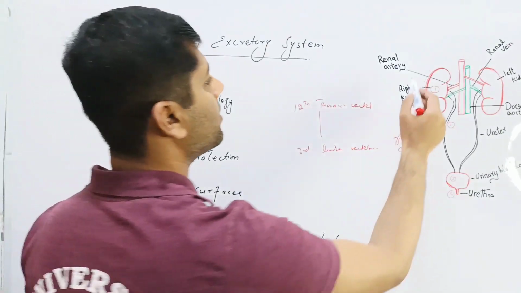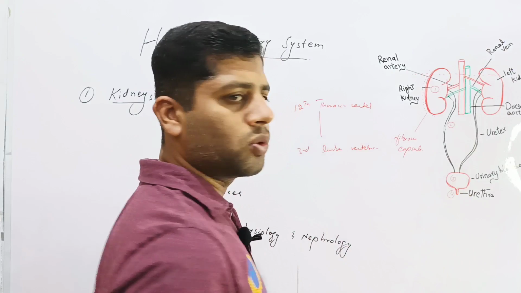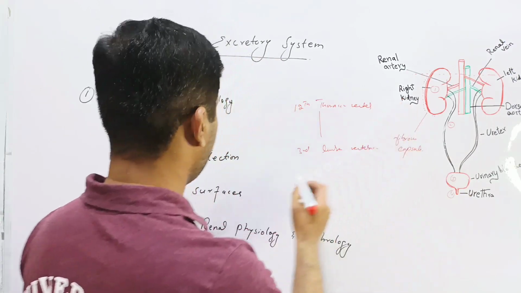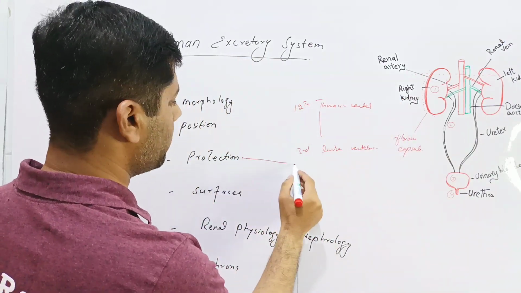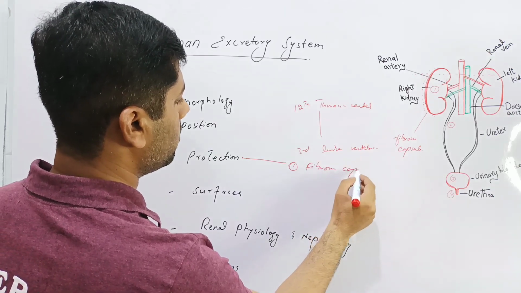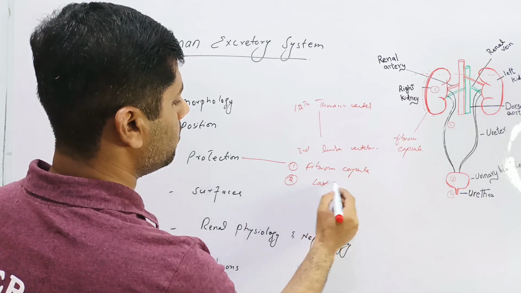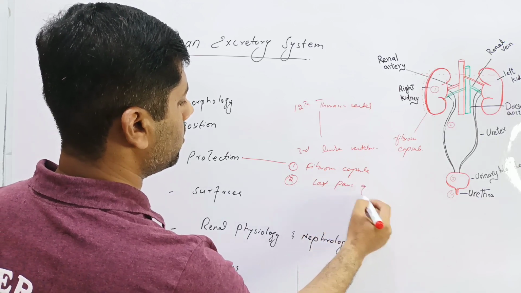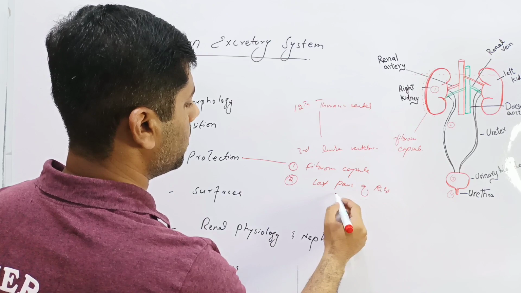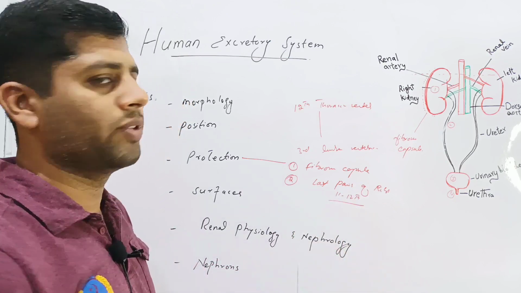Moreover, the upper parts of the kidneys are protected by the last two pairs of ribs, the 11th and 12th ribs. So there are two kinds of protection: first is the fibrous capsule, and second is the last pair of ribs.